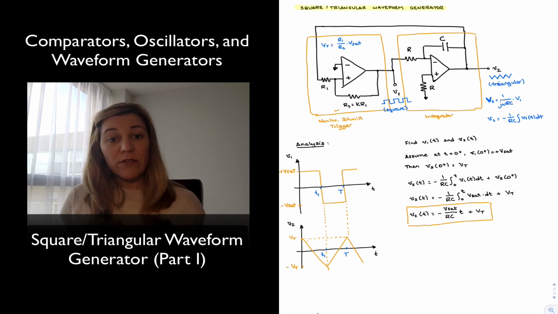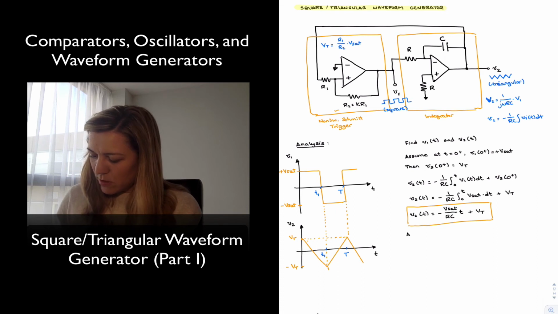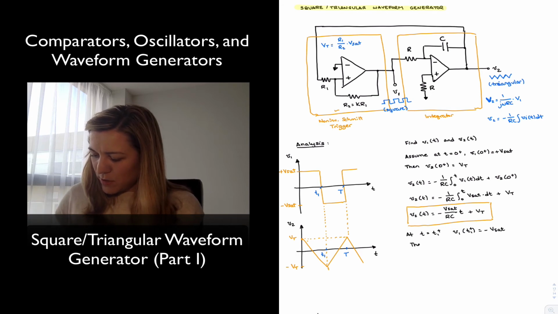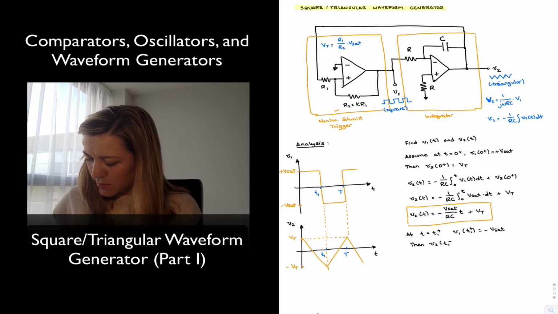Now, let's look at the value of the function from t1 to T. So, at t equals t1, I will have my V1 of t1 equal to negative saturation, or if we wanted to be more proper, we could say t1 plus. So, negative saturation, which means that V2 of t1 plus is going to be equal to now negative Vt.